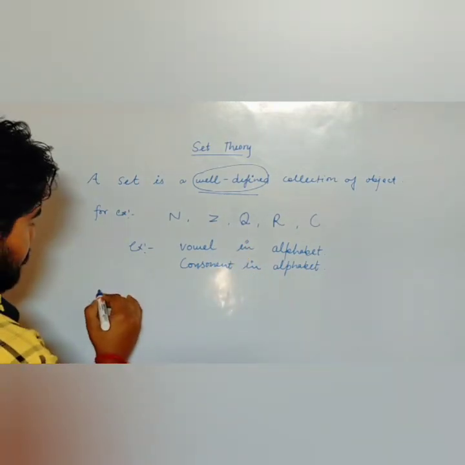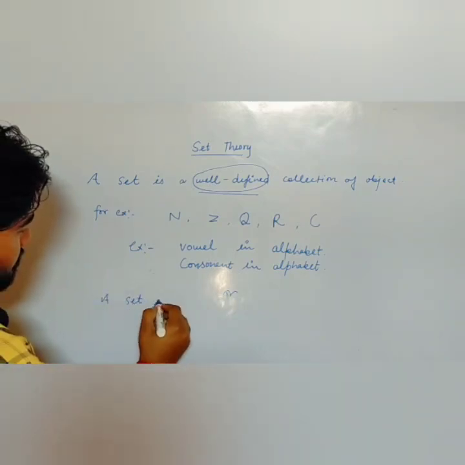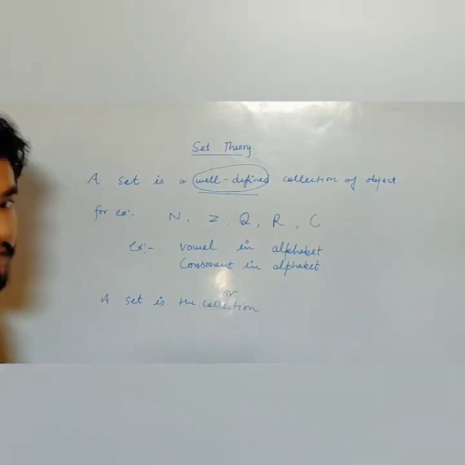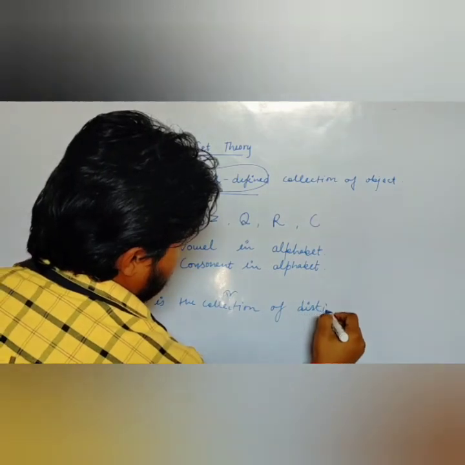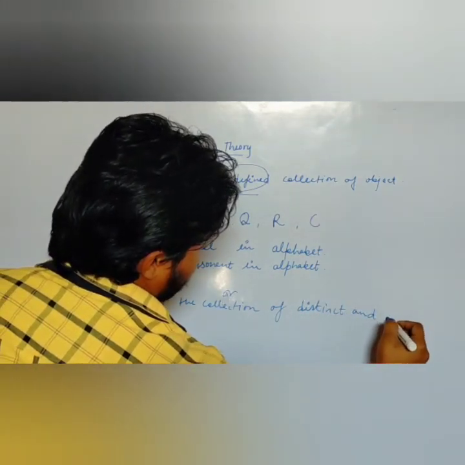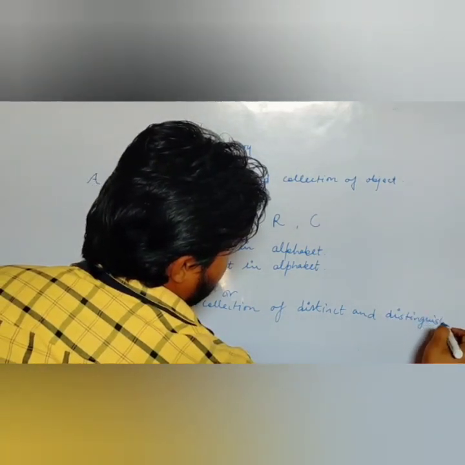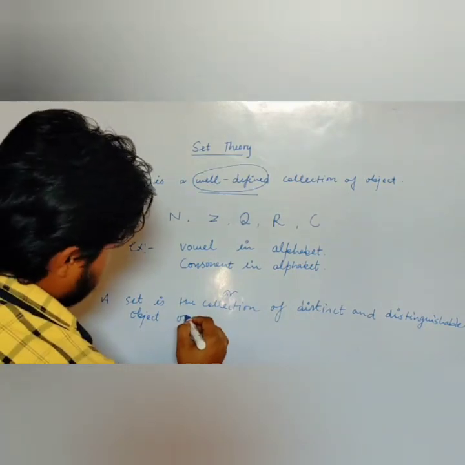Another definition we can see: a set is a collection of distinct and distinguishable objects of our institutions.